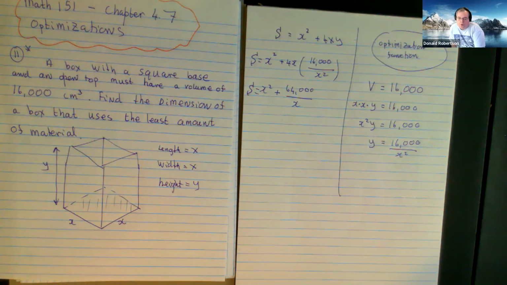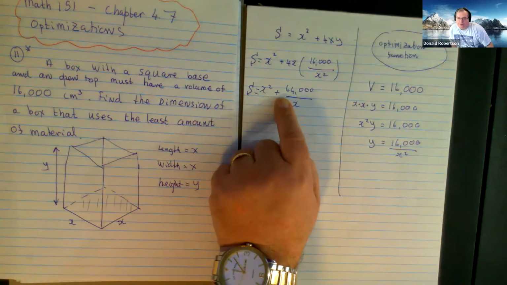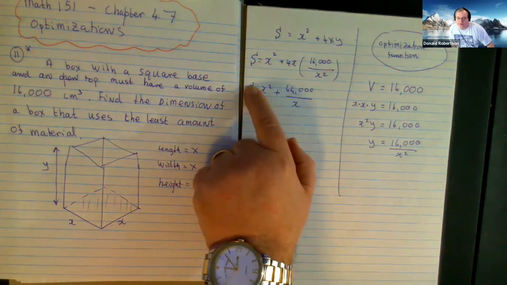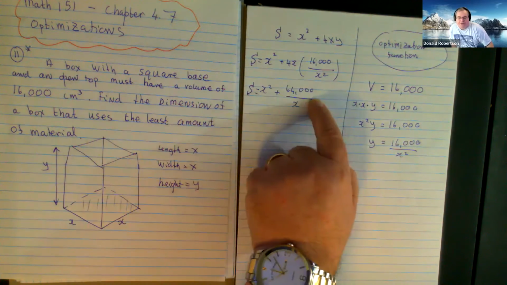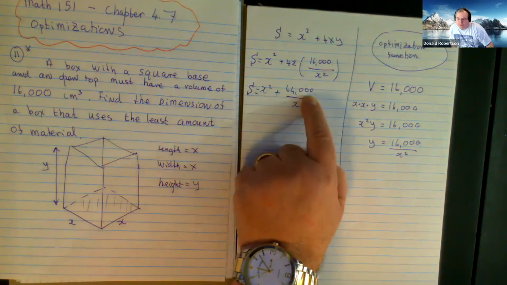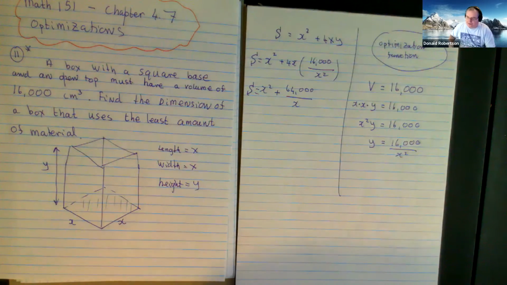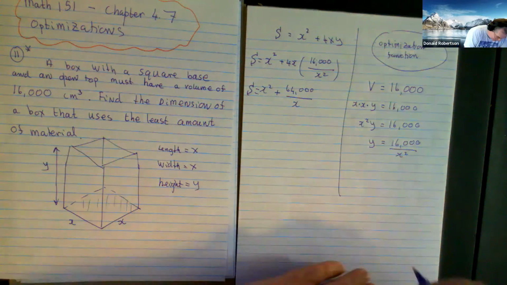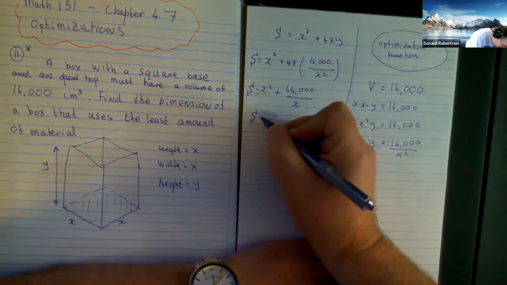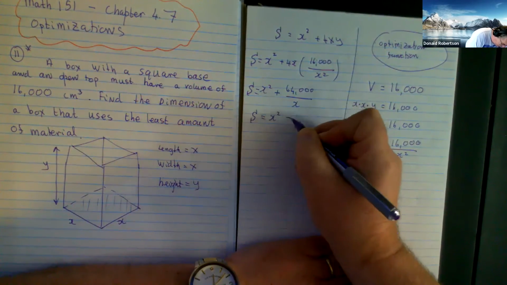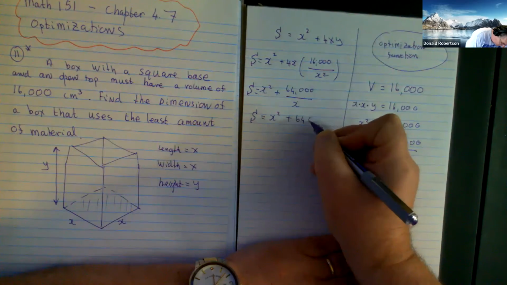Right, so what we have now is the function that we're trying to optimize. And when you get to this function, this optimization function, all you need to do is find its derivative and then go looking for critical numbers. And the critical numbers are going to be the place where the answer lives. Now, if I'm going to differentiate this, I'm going to have to rewrite it slightly differently.